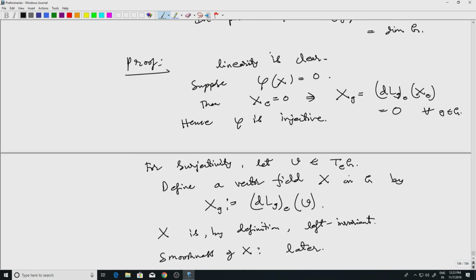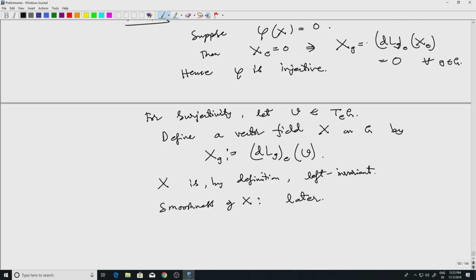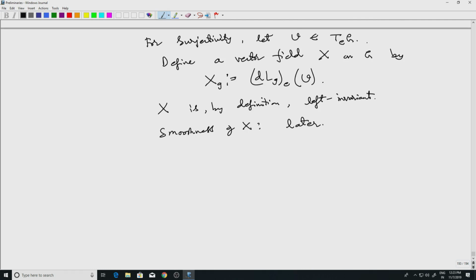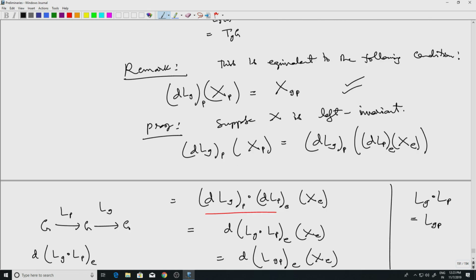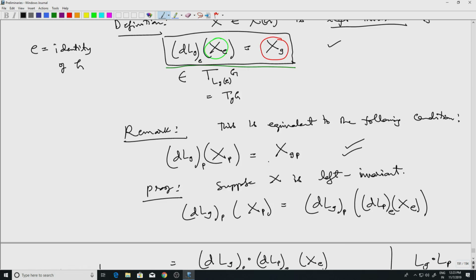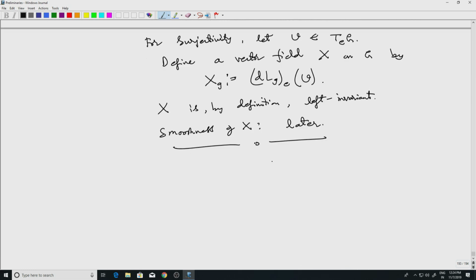So given the smoothness, the proof is complete: I have a linear isomorphism from the set of left invariant vector fields to the tangent space at identity. The significance of left invariant vector fields at this stage is not so clear, but as it turns out, the algebraic properties of the group are entirely captured by the Lie algebra.